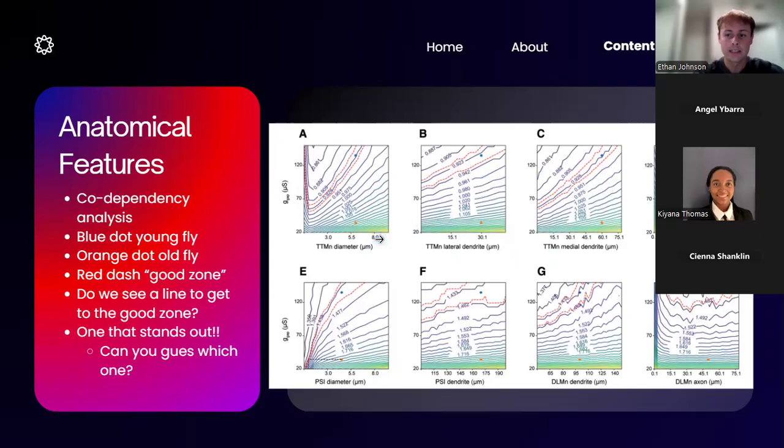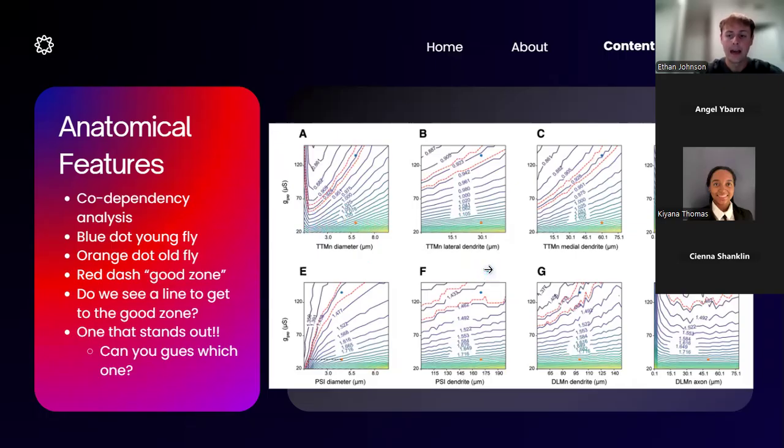And what we're starting to see is that we see these kind of more curved slopes, right? And what this is telling us is that, okay, some of these features are having a more equal effect to these gap junction conductances. So this one, you see this diameter, we can almost get up here, but still it's requiring a lot of change of this diameter to get into that red zone.